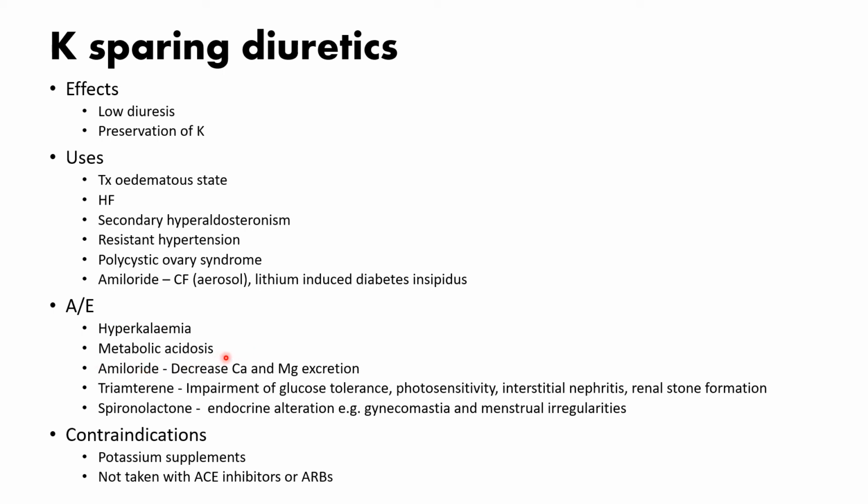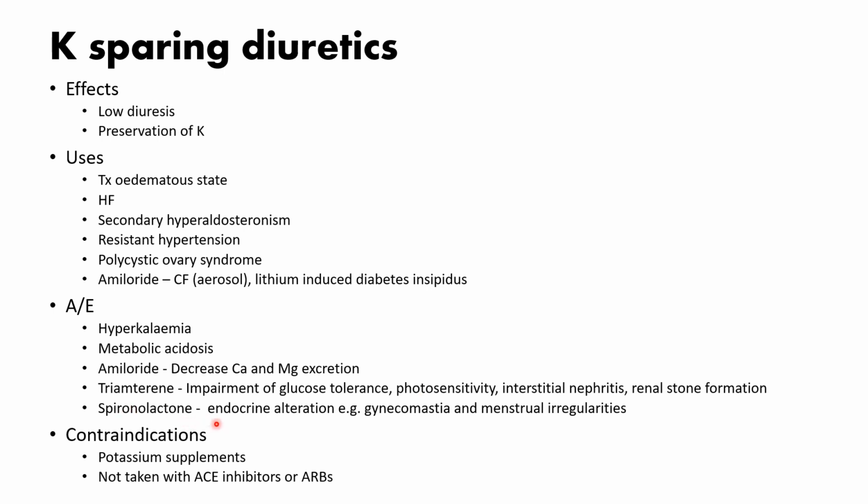As for adverse effects of amiloride specifically, we decrease the calcium and magnesium excretion. And triamterene is usually not used due to incomplete absorption of the drug, and it has a cocktail of different side effects that we don't necessarily want, like impairment of glucose tolerance, fructose sensitivity, interstitial nephritis, and renal stone formation.